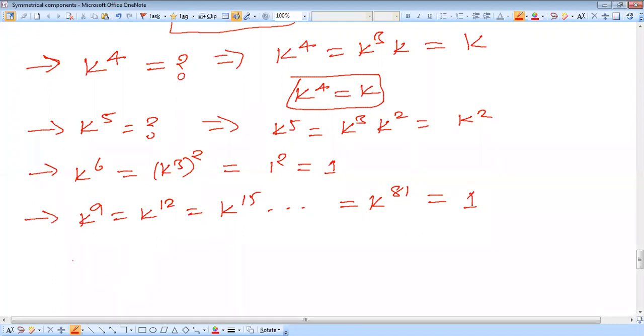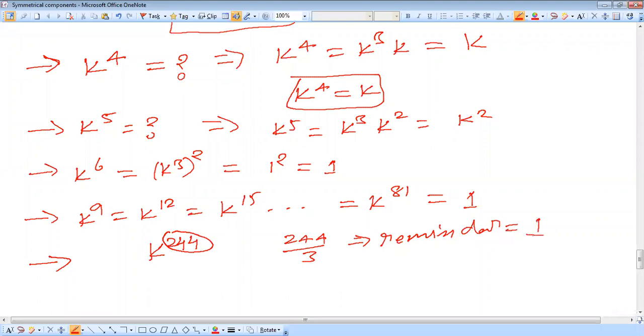Now, suppose in most of the examinations, one more question: what is k power 244? How to do this? Generally we do this: divide the given power by 3, and see how much remainder we get. 244 divided by 3, we get remainder 1.